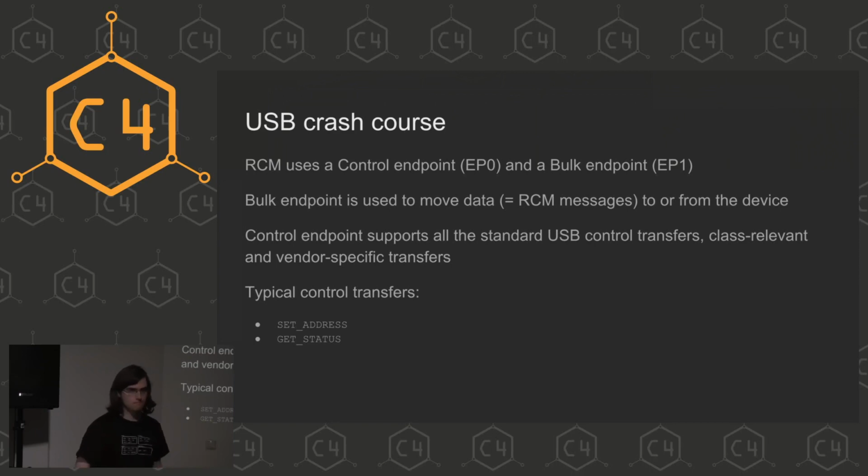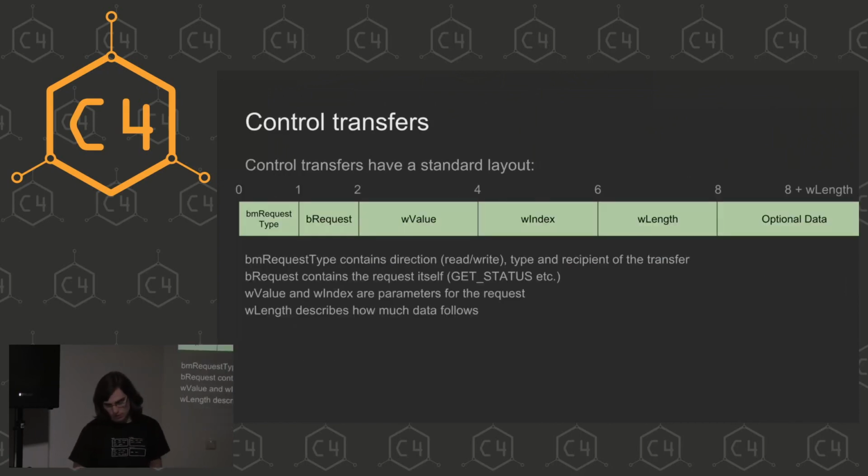That just returns status bits of the device or an endpoint or an interface. Get descriptor is also being used. That's for the identification of the device. What kind of device is that? Is that a mass storage device? Is it a mouse? Is it a keyboard? And so on. There are a lot more, but these are not important. Actually, for our purpose, only the get status request is important.